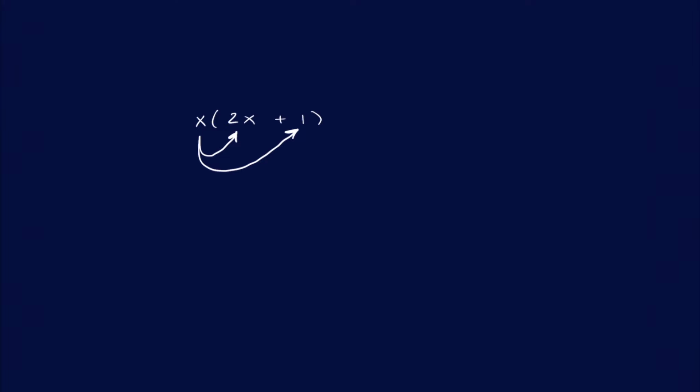So the first step is x times 2x, which is just 2 times x squared. And x times 1 is equal to x. So this is our final answer. The distributive property is really easy, you just gotta multiply everything in and then you're good.